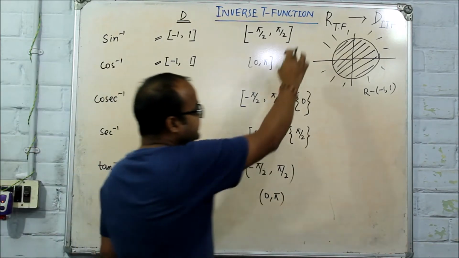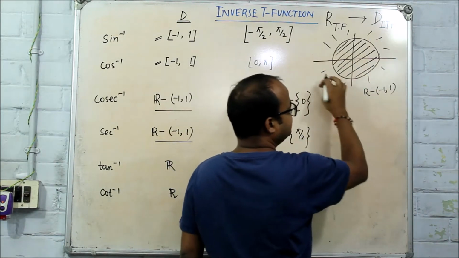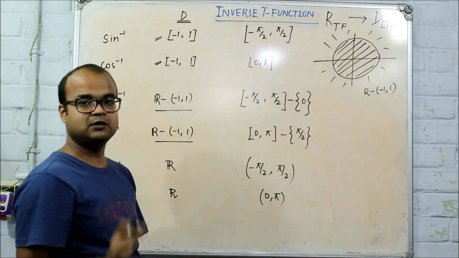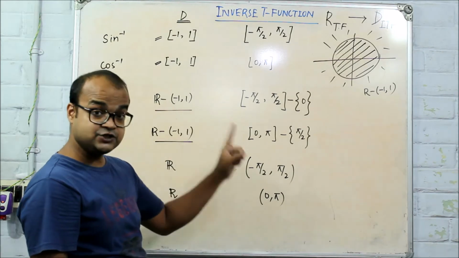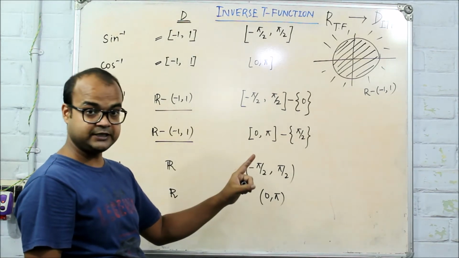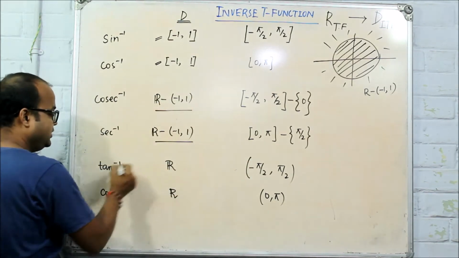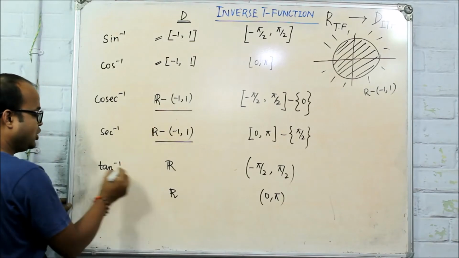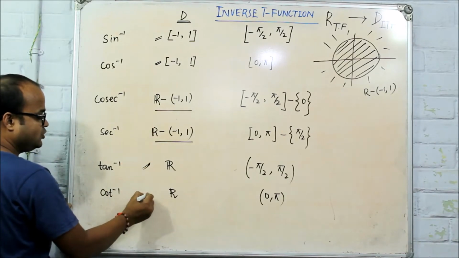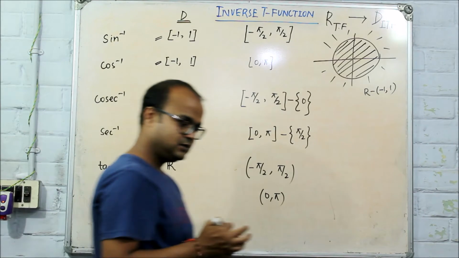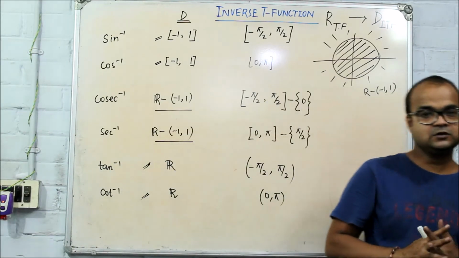And the entire set of real numbers is the range of tan x and cot x, so it will become the domain of tan inverse and cot inverse. Clear?